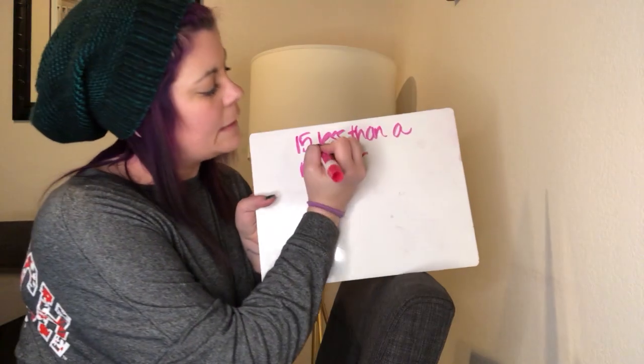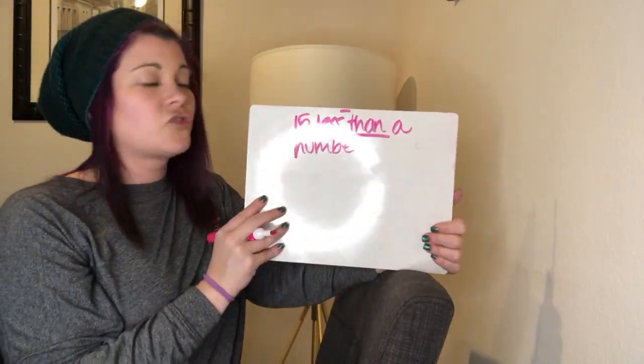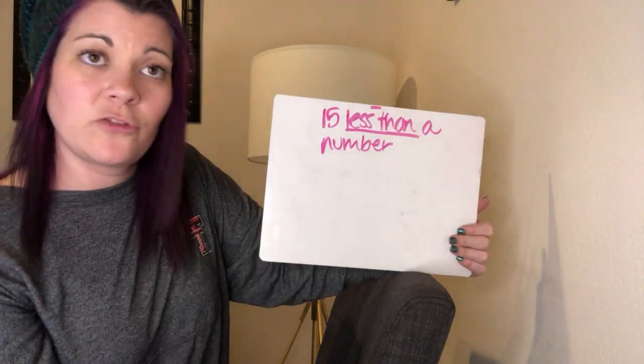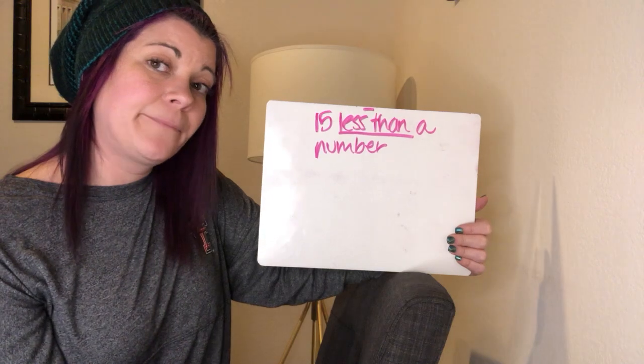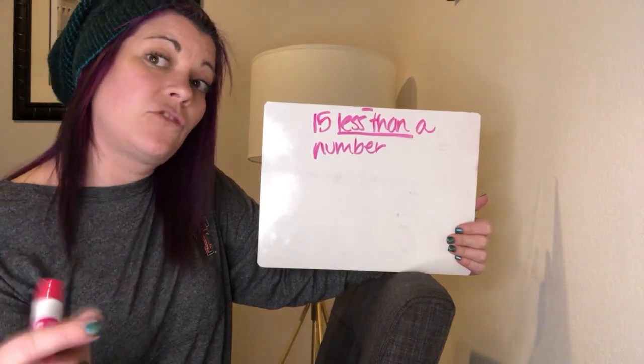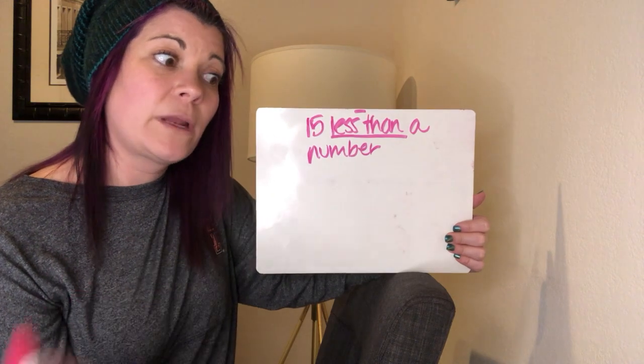I'm going to write this one down. 15 less than a number. We know less than means it's going to be subtraction. Now this one is a little tricky with the order, so I'm going to do a scenario. What is 15 less than 20? Well, 15 less than 20 is 5.